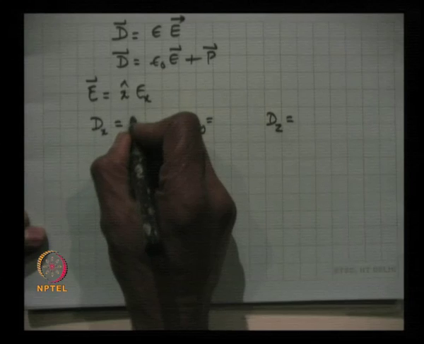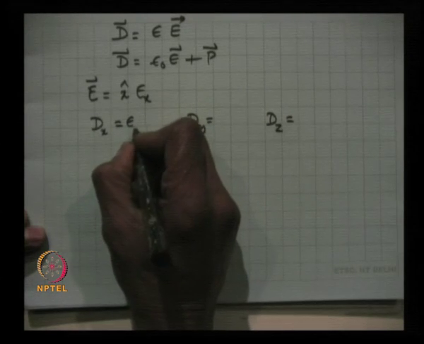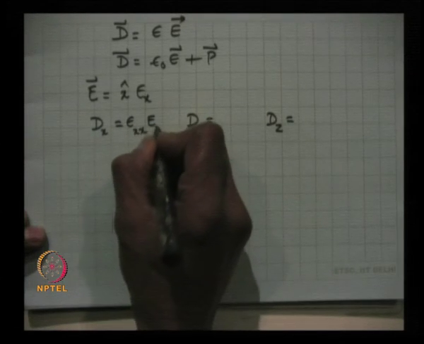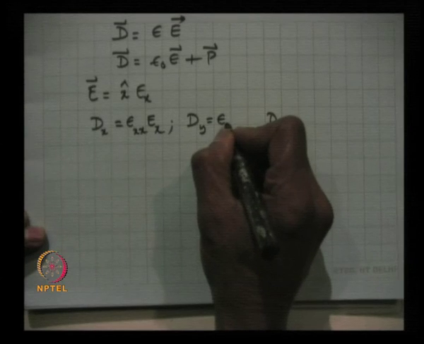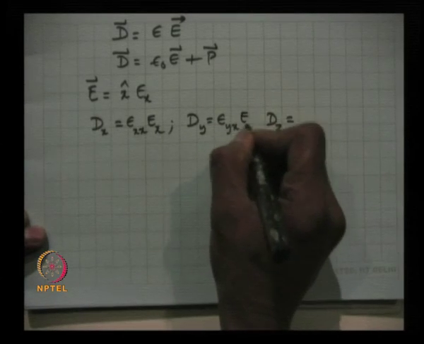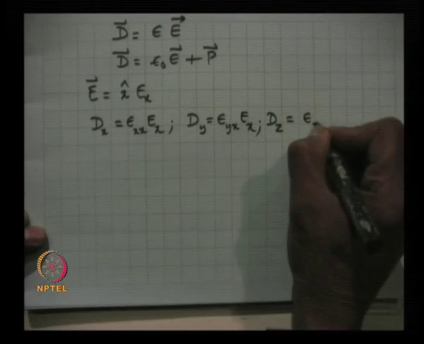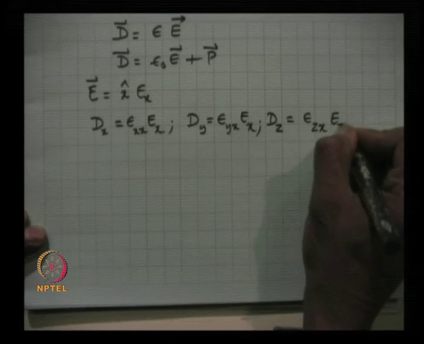So, let me put a constant here: epsilon xx E x, epsilon yx E x, epsilon zx E x.